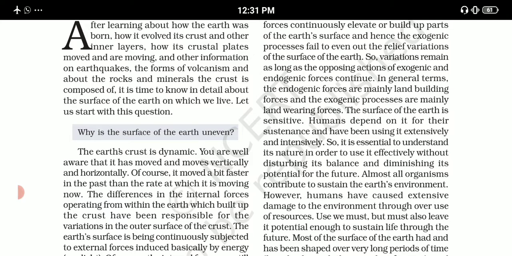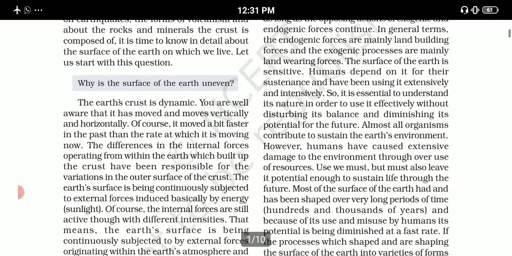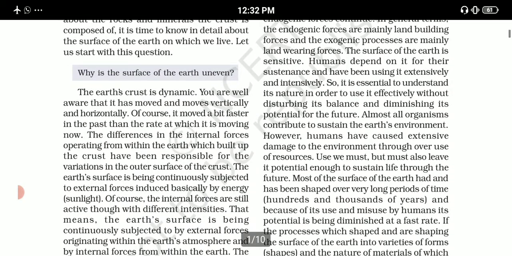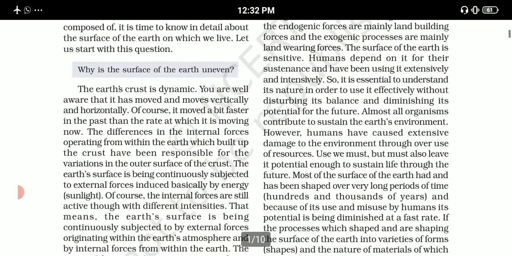Mainly the difference in the internal forces operating from within the earth, and that built the earth's crust, has been responsible for the variation of the outer surface. This earth is also continuously subjected to external forces, including the energy that it gets from the sunlight.